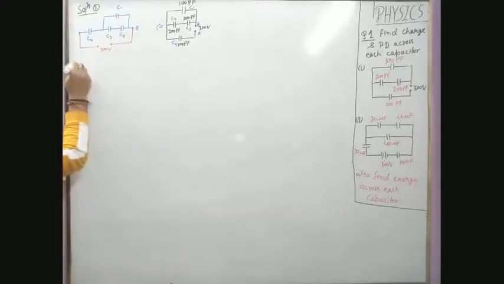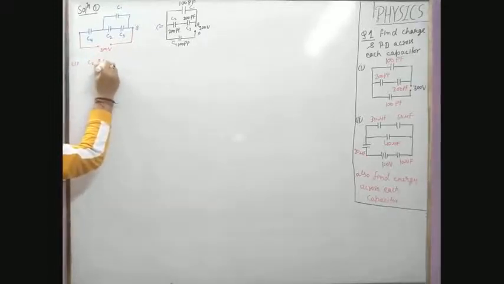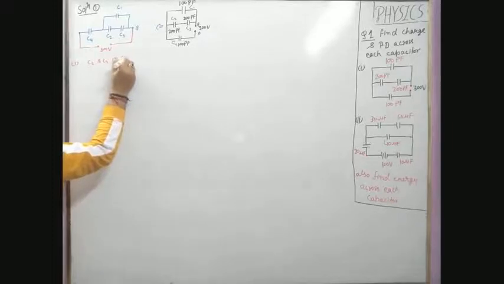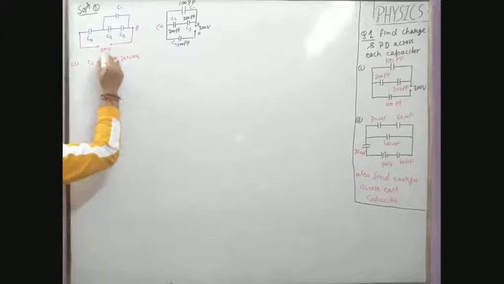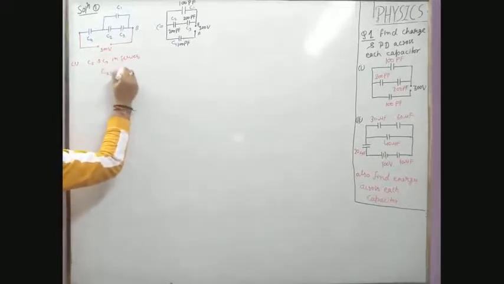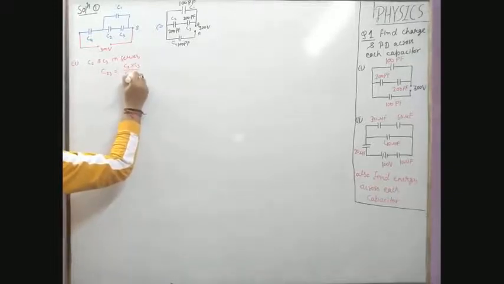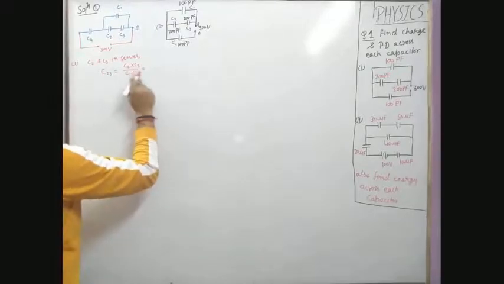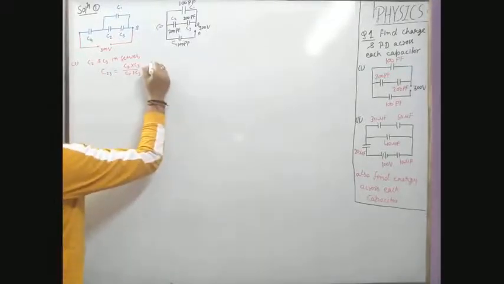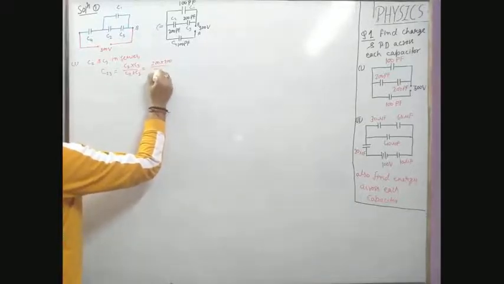Here first we have C2 and C3 in series, therefore C23 is equal to C2 into C3 upon C2 plus C3, which is equal to 200 into 200 upon 200 plus 200.